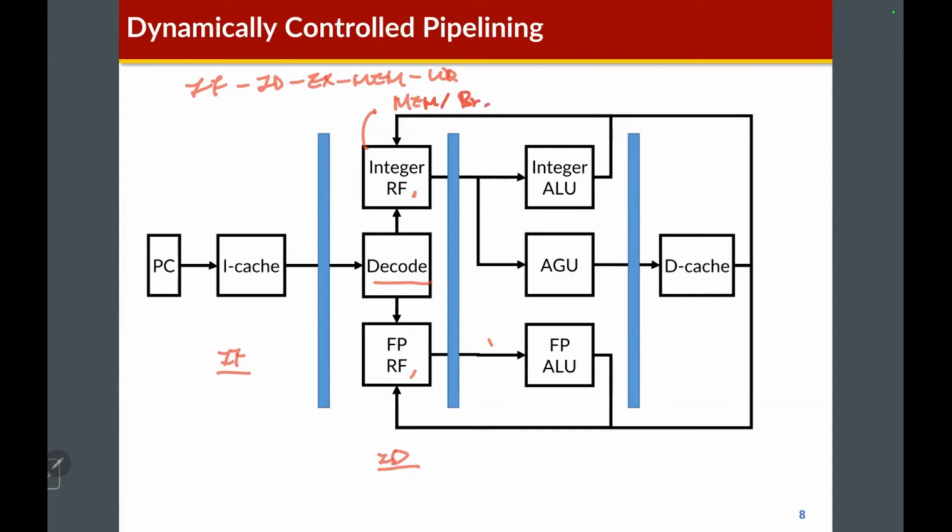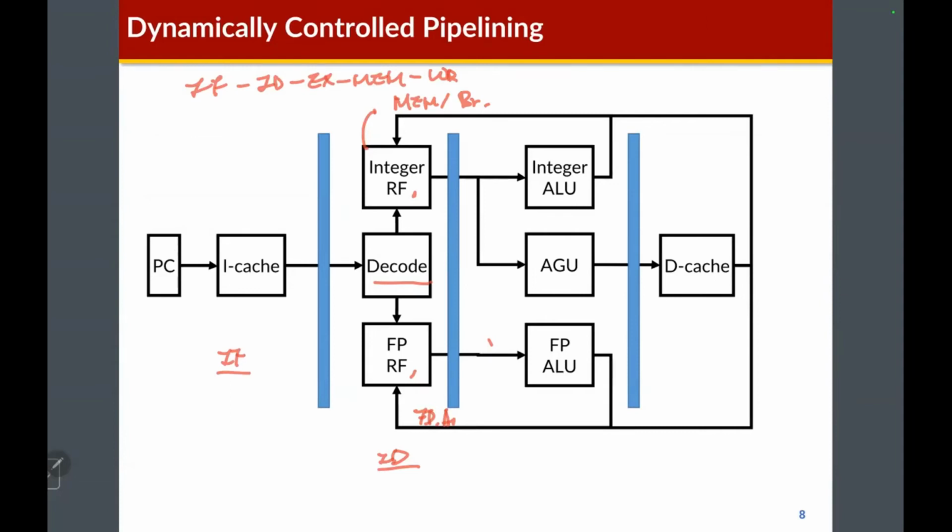Okay, and the floating point instructions include only floating point arithmetic instructions like add.s, add.d, or multiply.s or multiply.d.